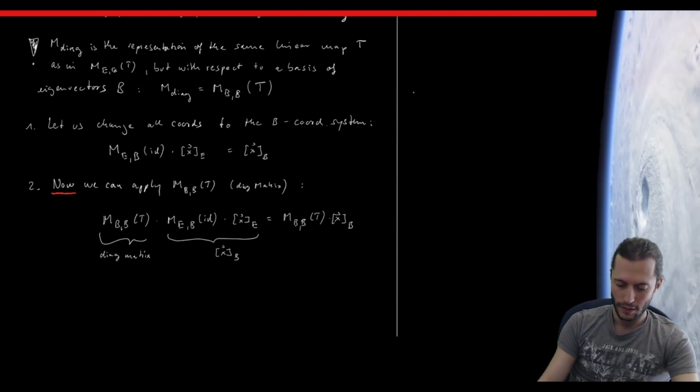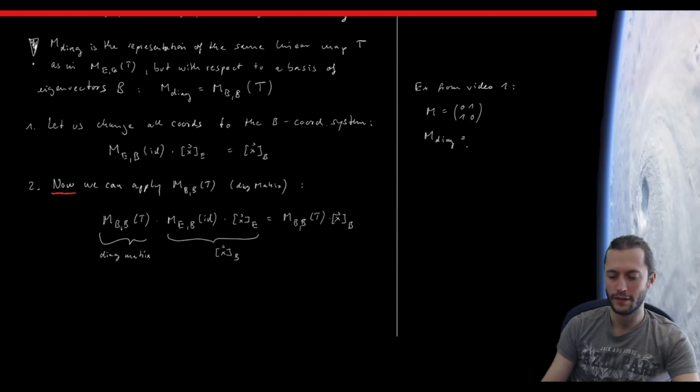Maybe an example from video 1, where we had the ugly, in quotation marks, matrix 0110. We also calculated the diagonal matrix to be 1, 0, 0, minus 1.